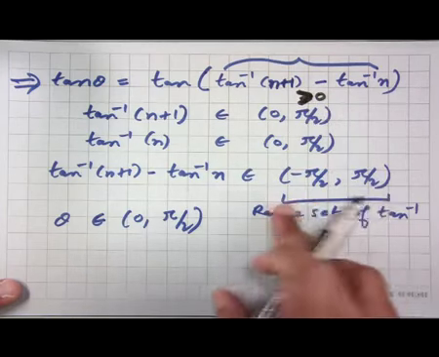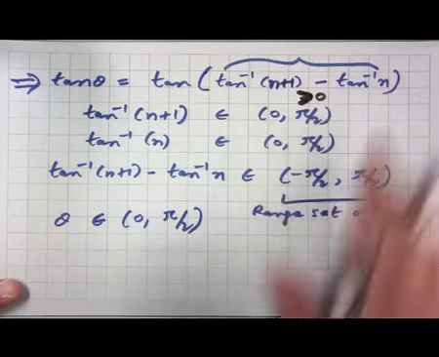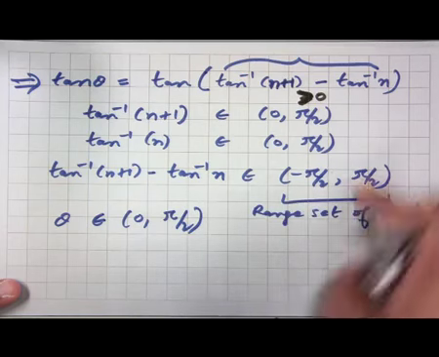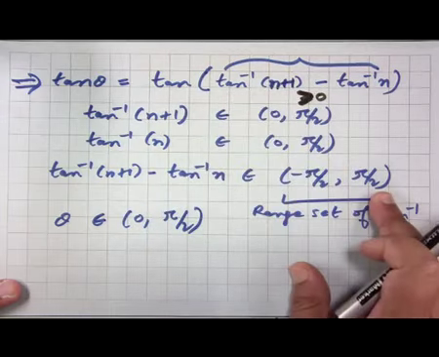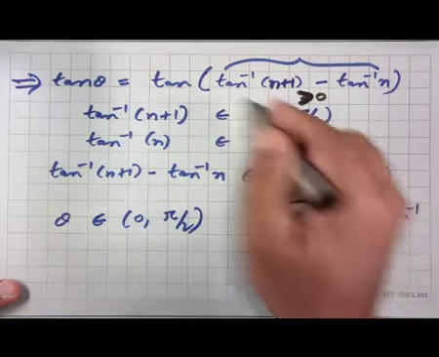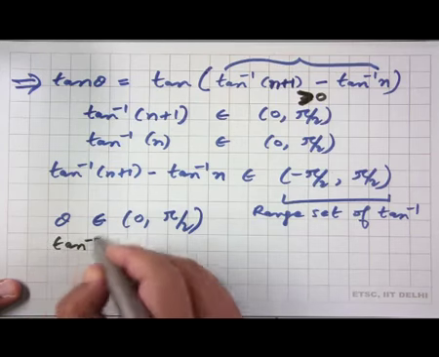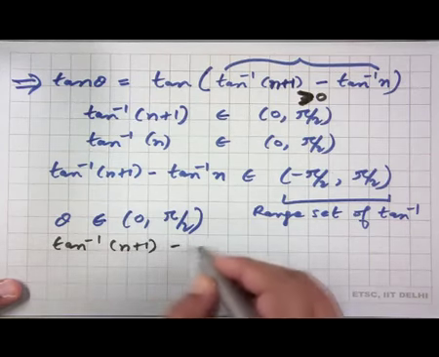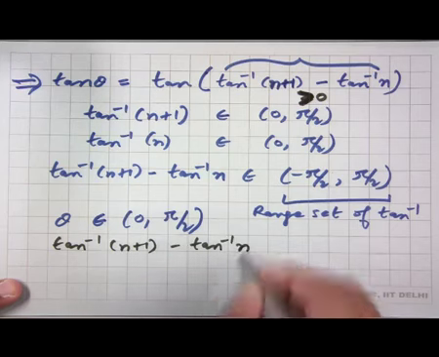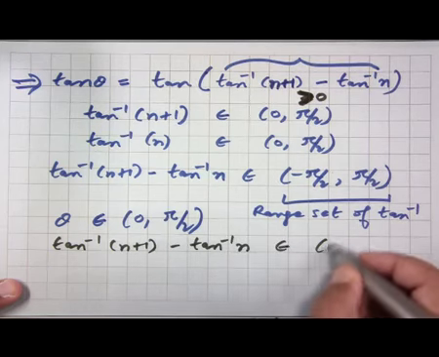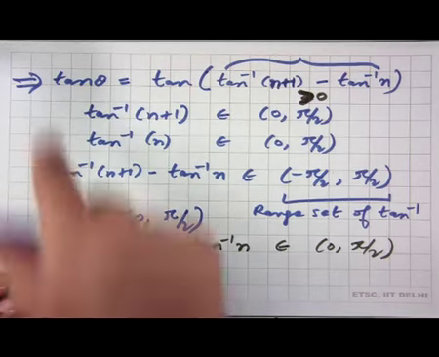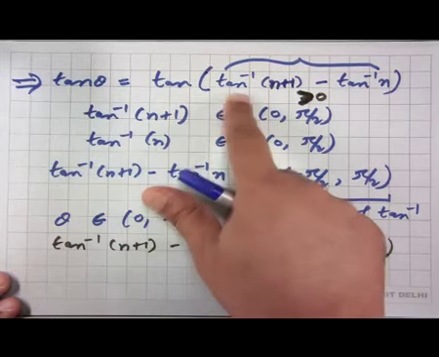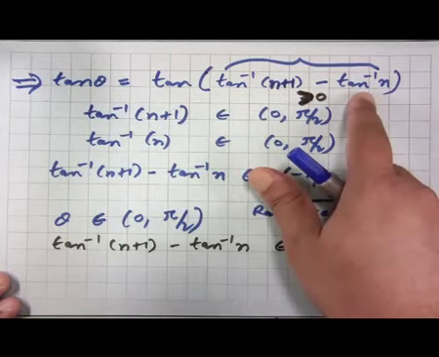Further, we had shown that this entire value belongs to this set, and by combining the two facts, we can tell that tan inverse of n plus 1 minus tan inverse of n must belong to the interval 0 to pi by 2. So, now we have a situation where tan theta is equal to tan of tan inverse of n plus 1 minus tan inverse of n.